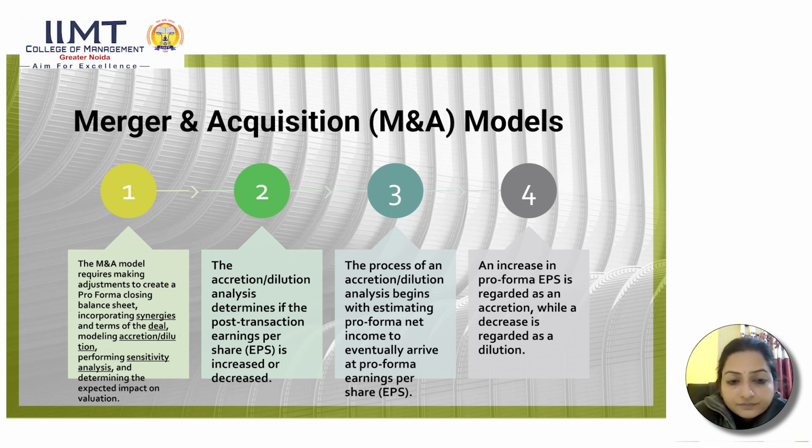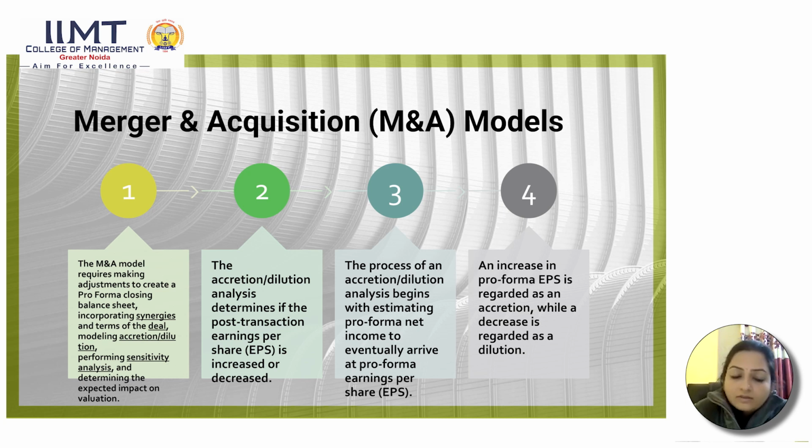The accretion and dilution analysis is done through this model, and this analysis determines if the post-transaction earning per share is increasing or decreasing. The process of accretion and dilution analysis begins with estimating the pro forma net income to eventually arrive at pro forma earning per share. An increase in pro forma earning per share is regarded as accretion, while a decrease is regarded as dilution.